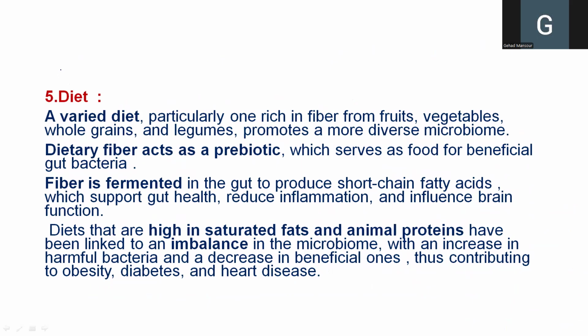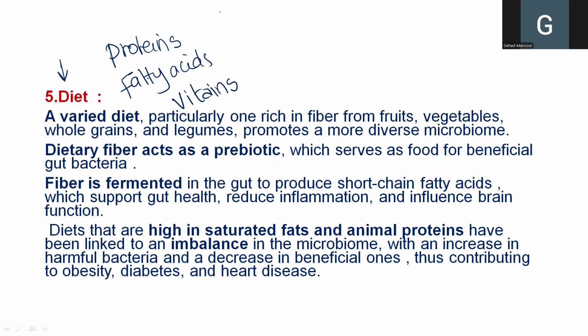Diet is also an important factor, and of course, a variable diet would be better because it would include all what your cells need. Your cells need what? Your cells need proteins. Your cells need fatty acids, as we said before. Your cells need vitamins because they act as coenzymes.